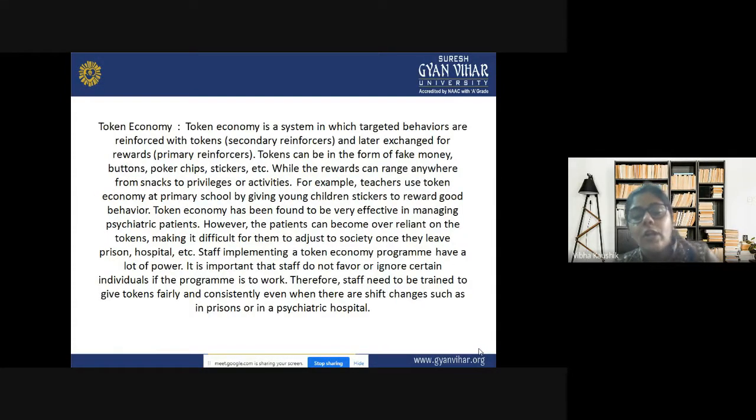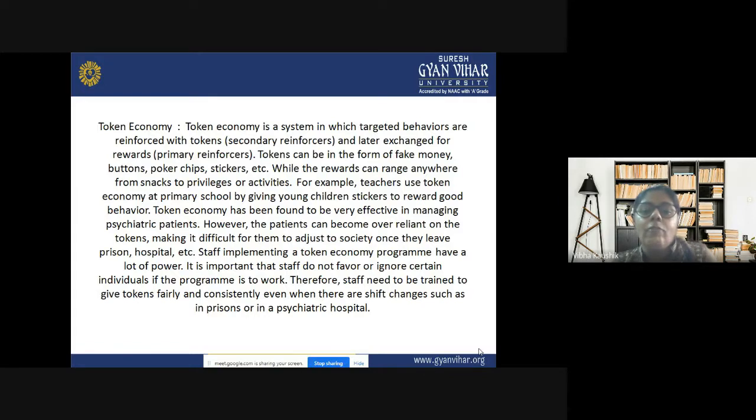Now, token economy. What is the concept of token economy? Token economy is a system in which targeted behaviors are reinforced with tokens, which are secondary reinforcement, and later exchanged for rewards. Those rewards work as the primary reinforcement.